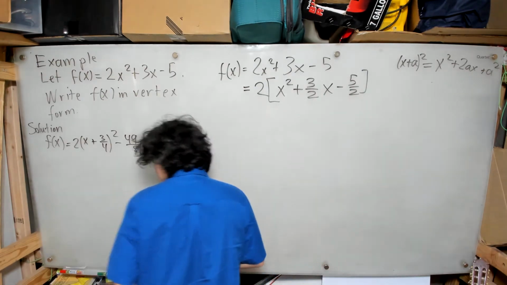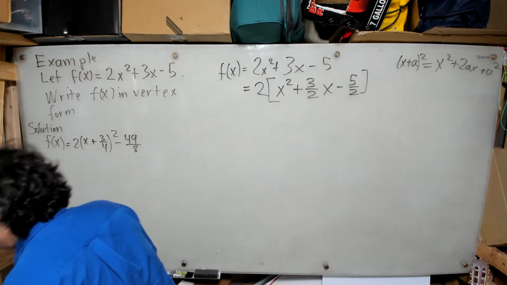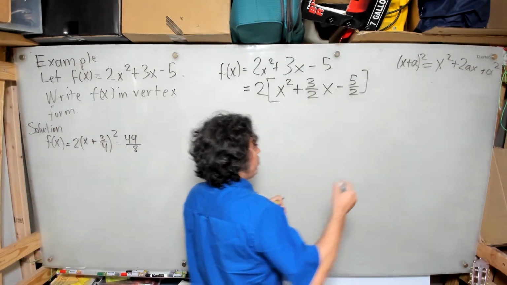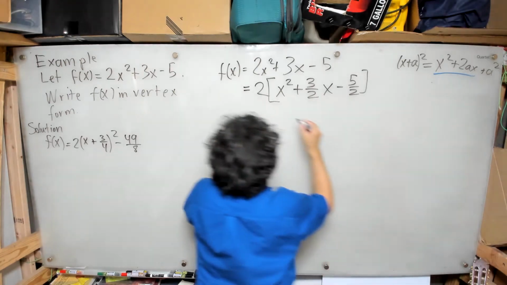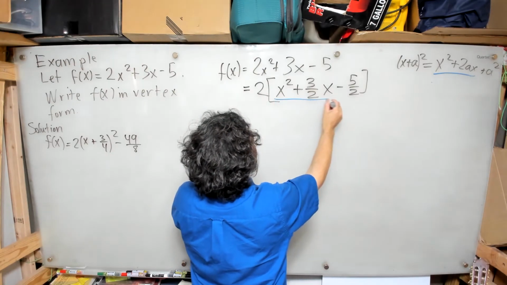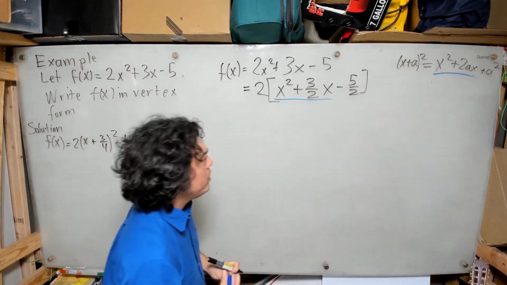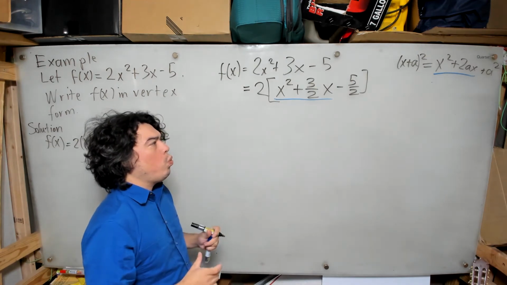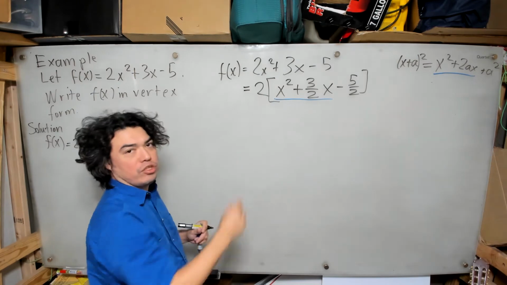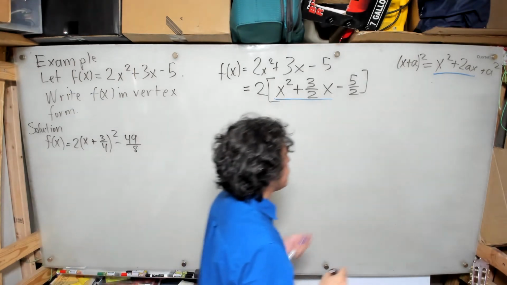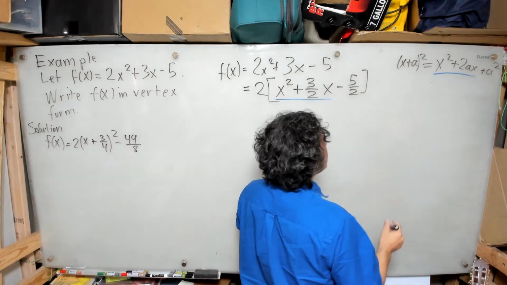And we recall that our goal, whenever we're completing the square, is to match the x squared plus 2ax with the x squared plus 3/2 x, because when we match those, we can fix the rest of it.